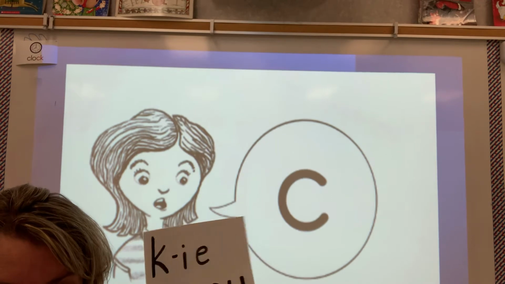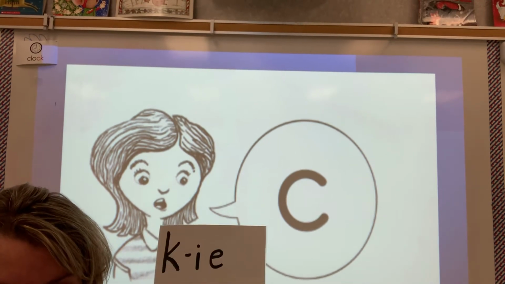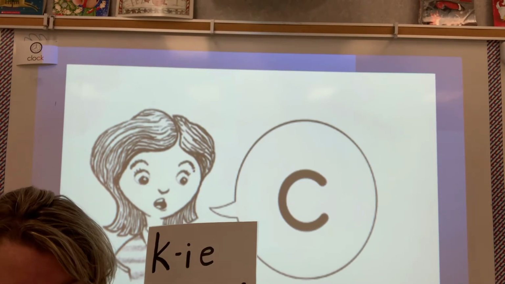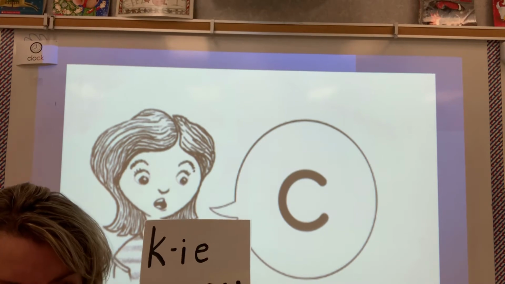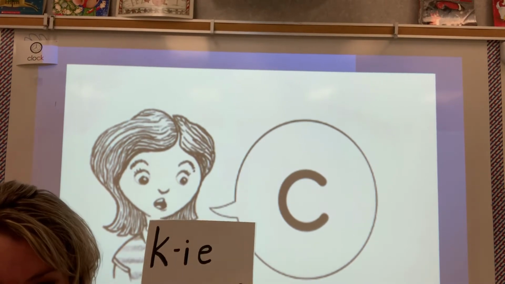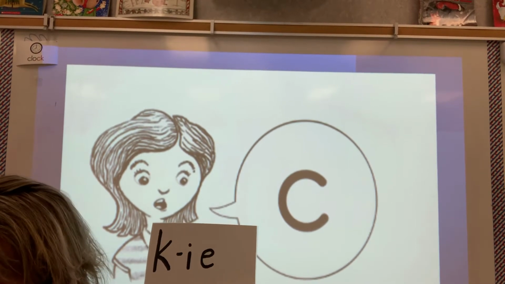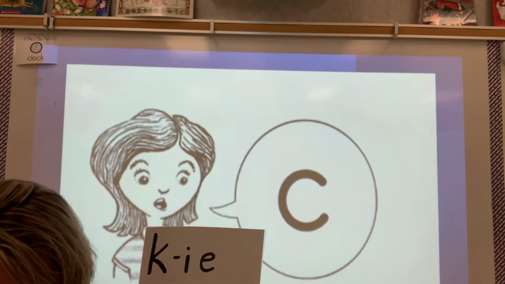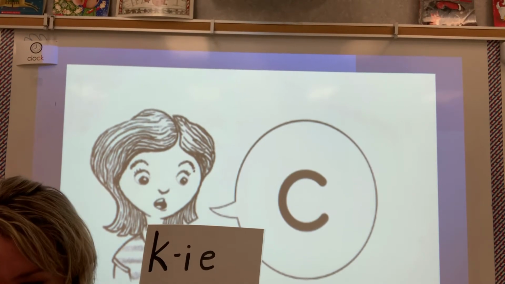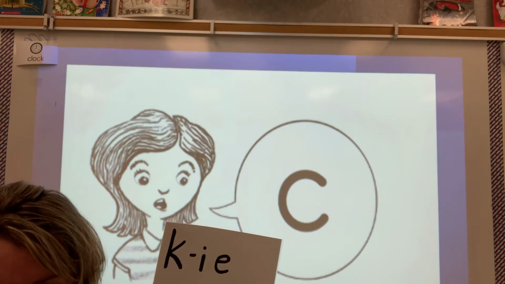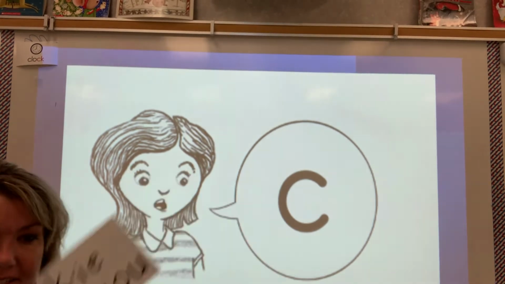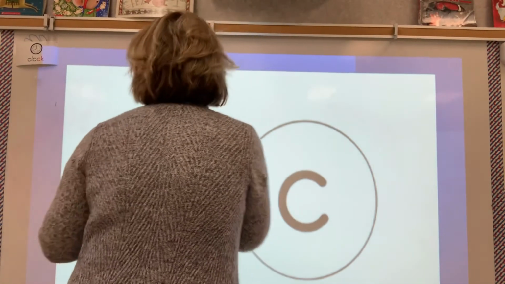K-a-n. I heard a after the K sound, so what letter would go in front? Smriti, what letter would go in front? C. C would go in front. Isn't that a cool trick? That's how you know the difference, Anya. I hope that answers your question.